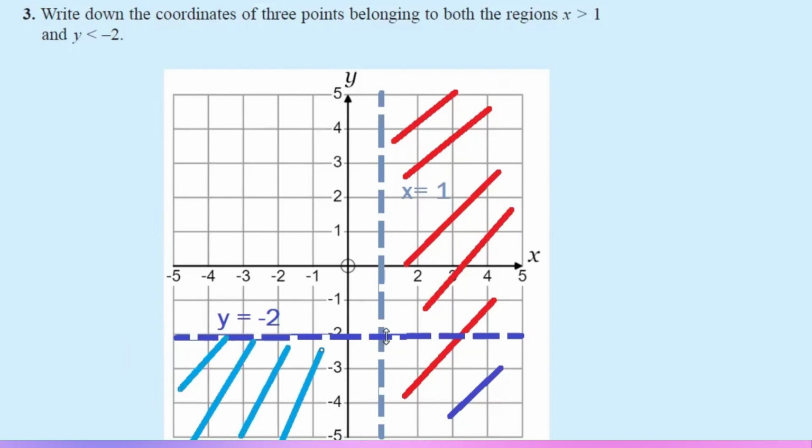So we need to shade this area. Now you can see there is a common area shaded. This area represents x greater than 1 and y less than minus 2.